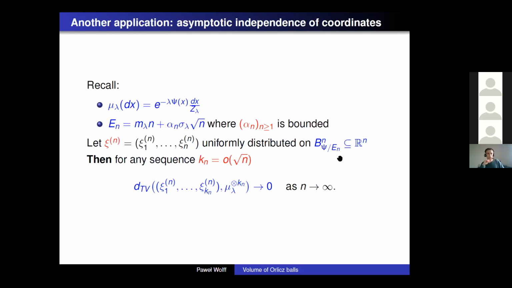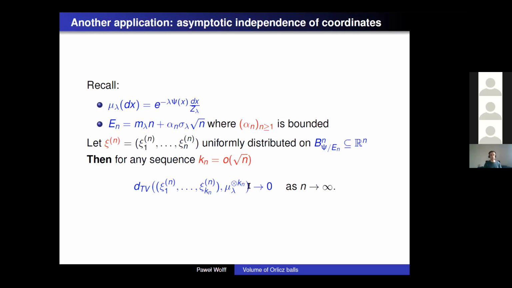Then it turns out that if you look at the coordinate projections of dimension Kn, where Kn grows slower than square root of n, then the distribution of this random vector is close to a product distribution, exactly the Kn-fold product of these one-dimensional measures.